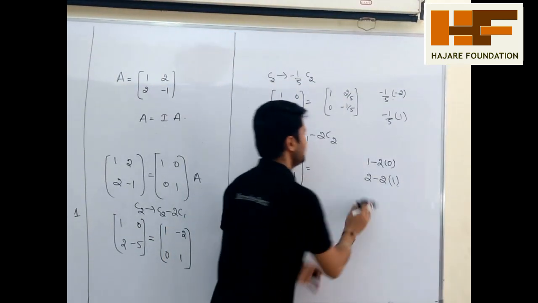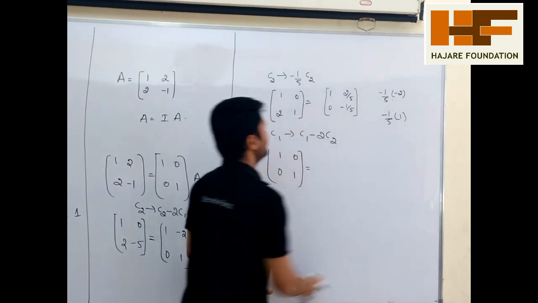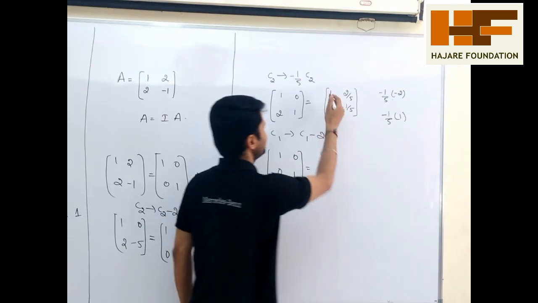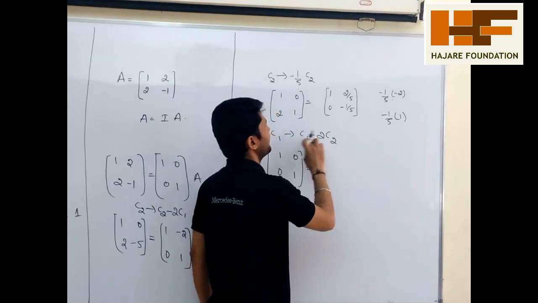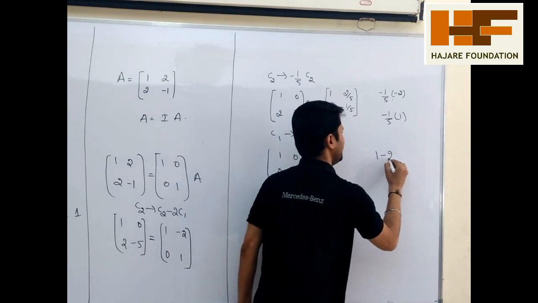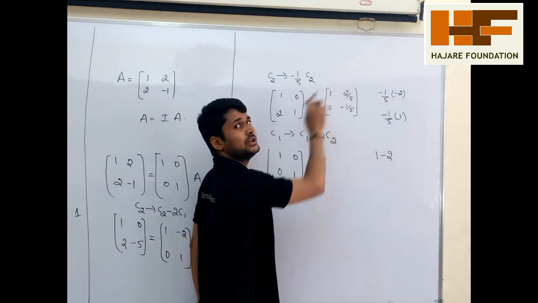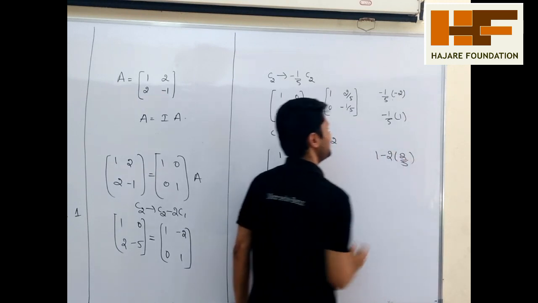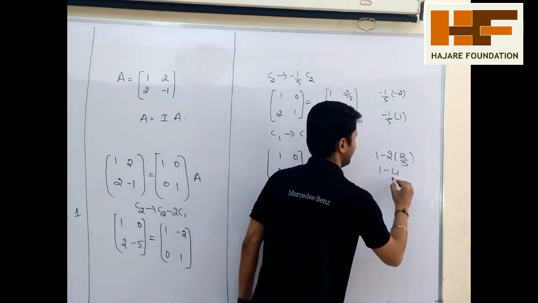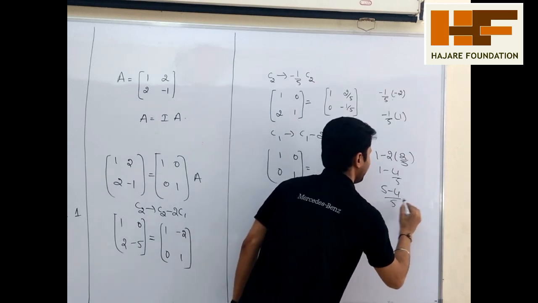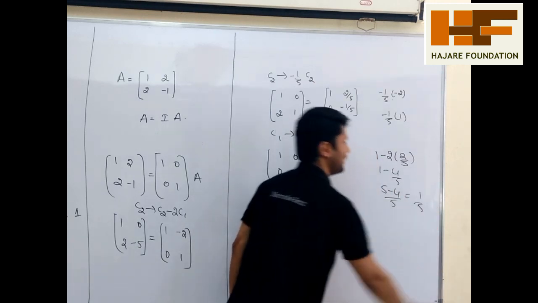The same operation we have to do on the RHS side also. Yes, C1: 1 minus 2 times the corresponding C2 element, 2 by 5. Simplify the term: 1 minus 4 by 5. Take the LCM: 5 minus 4 divided by 5, which is equal to 1 by 5.